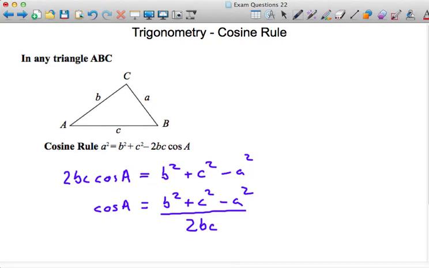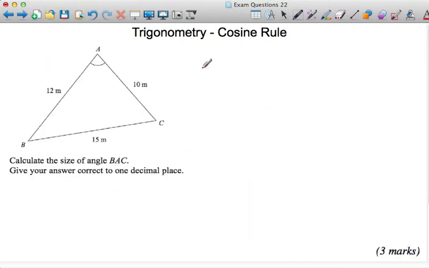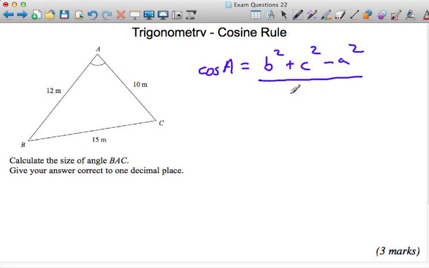Let's go back to the question. I can say cos A is equal to b squared plus c squared minus a squared, that's the opposite side, there's the negative one, divided by 2bc.